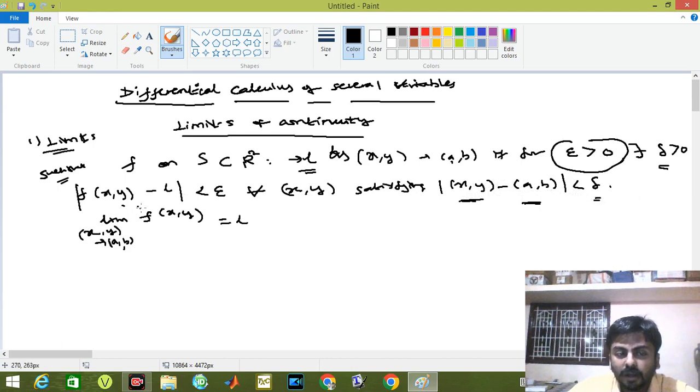Whereas modulus of f of x comma y, that is the function, minus the limit L, that is one finite value, will give you a result less than epsilon.